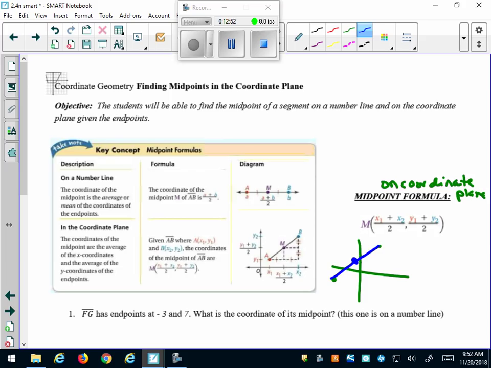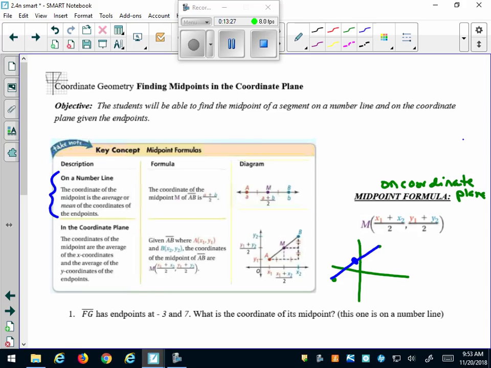Now, they do start off talking about a number line, so you can find the midpoint of 2 points on a number line, but that's not going to be that formula. If you have 2 points on a number line or on a ruler, the midpoint is the halfway point between those two numbers. Another word for the halfway point between two numbers is the average, right?